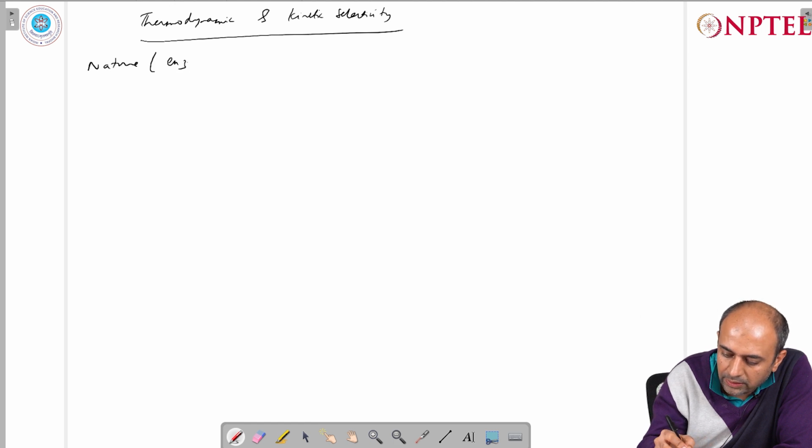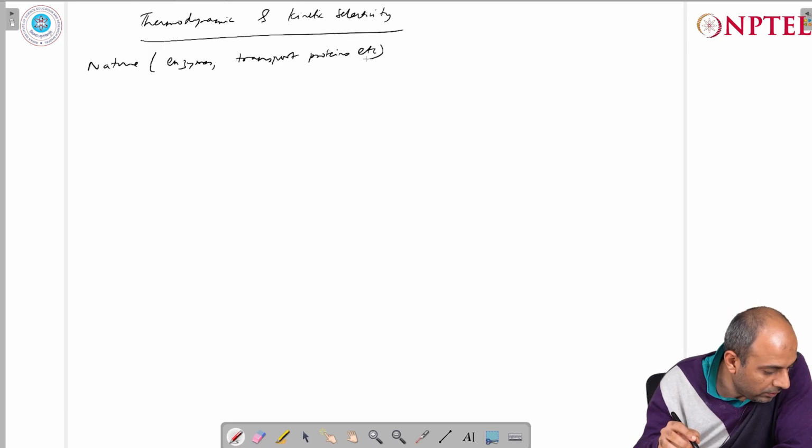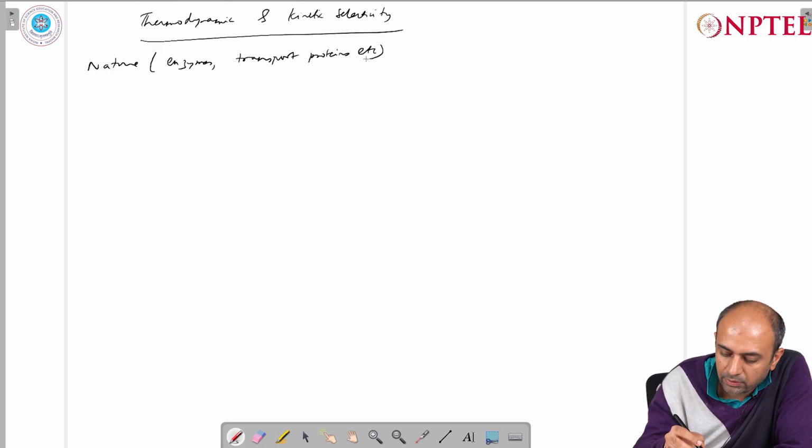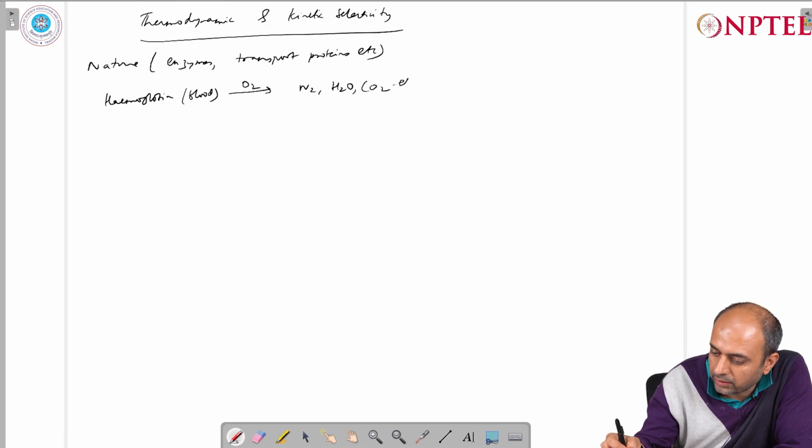In case of enzymes, transport proteins, etc. And also, we know, for example, in case of hemoglobin in blood, it is supposed to take up only oxygen from a mixture of nitrogen, water, carbon dioxide, etc. So, it has very specific binding for oxygen out of a mixture of gases.